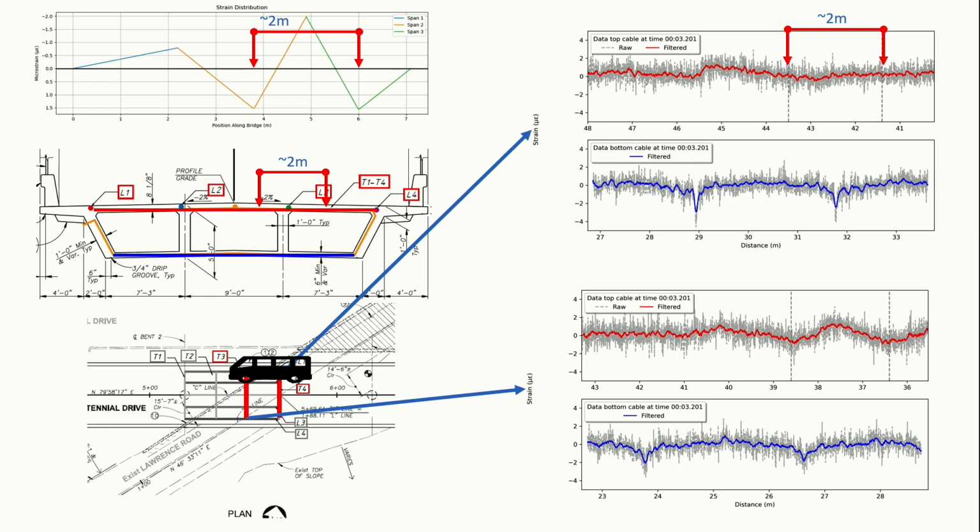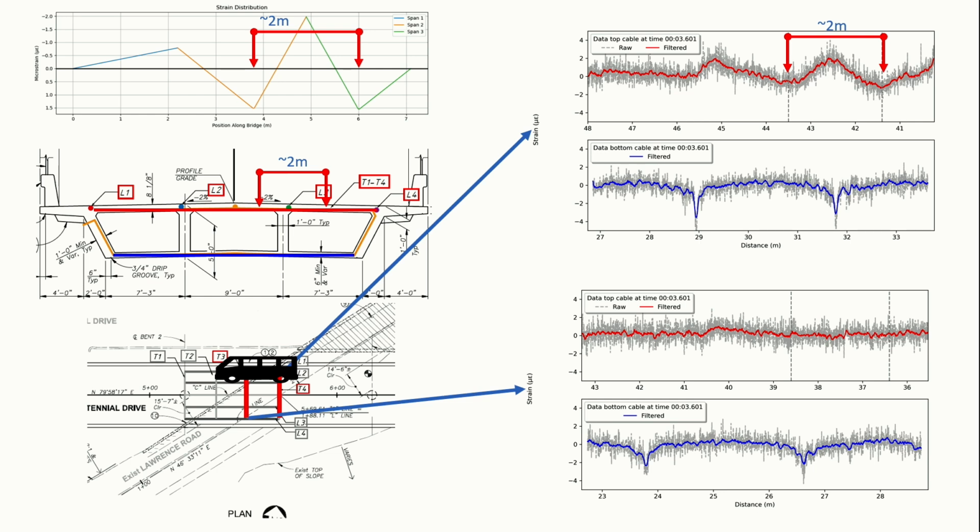As the shuttle moves, we can see that there is a change. Now the second fiber optic is reading the wheel, so we can detect when the vehicles are passing, what they are doing inside the bridge. And as the shuttle moves, we can see how the peaks are changing, and we can measure that.